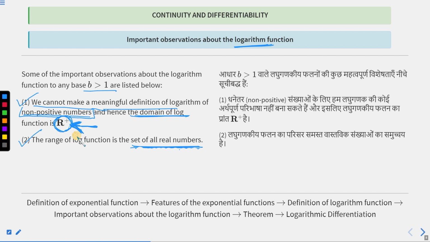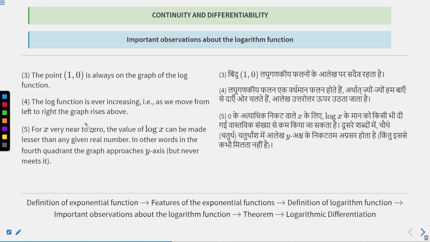And eventually you will learn that the logarithmic function is nothing but the inverse of your exponent function. Okay, simple. I hope that it is clear to you. Let us move to next slide.